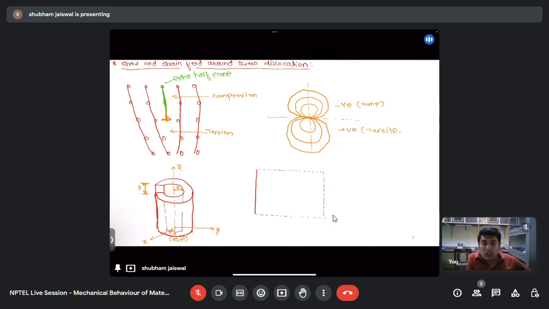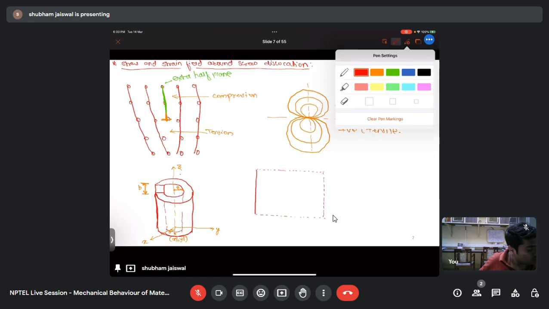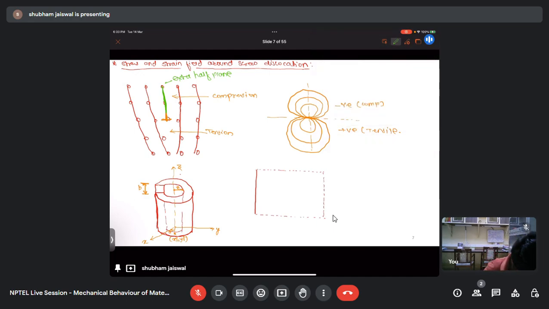So when there is no dislocation or no displacement in the z direction, if I unwrap it, it should be a rectangle. But what is happening here? Some displacement is there in the z direction, and that is causing the sheet to unwrap like this one, like it is following this green path.